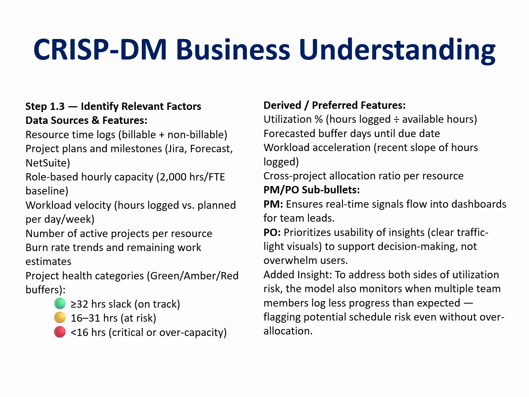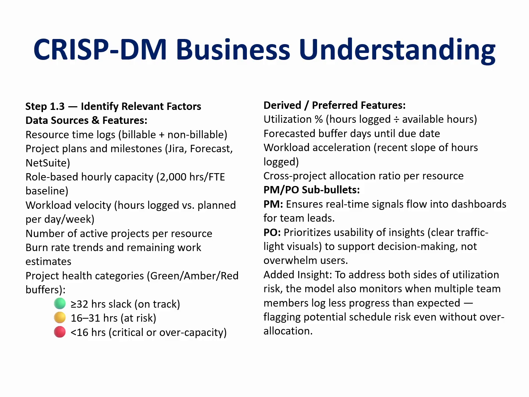So what we want to figure out is basically how many buffer days until projects are due, do those threshold calculations, and then track across projects the different resource allocations for them, and see if they're hitting any of those marks. But we also want to look at both sides of the coin in terms of risk for utilization.